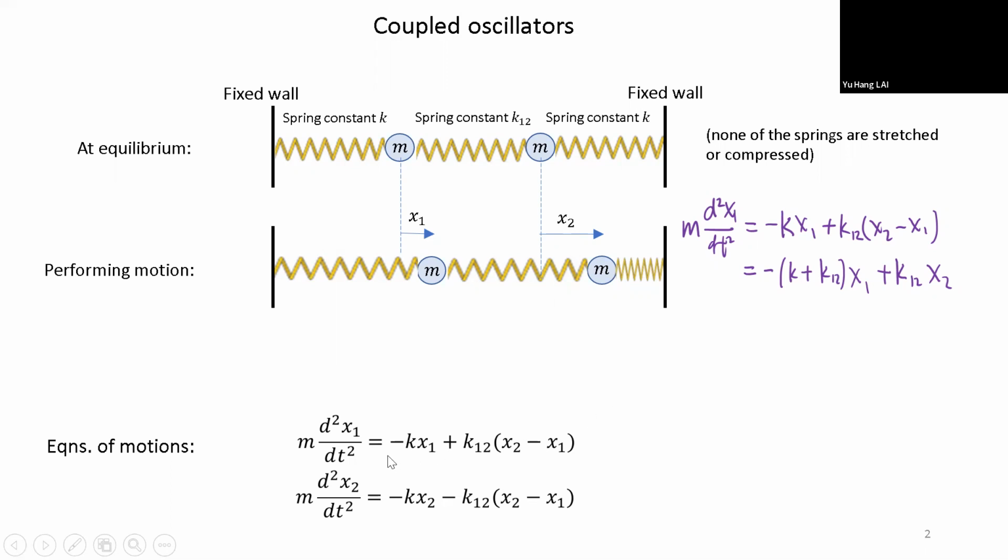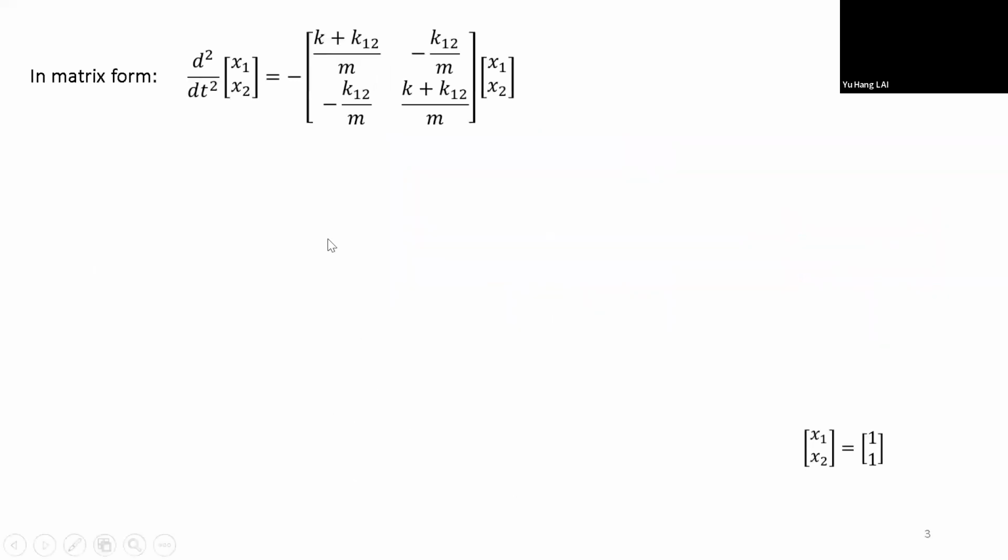Now this is a linear system of second order ODEs, and this is exactly where I am going to make use of diagonalization. This is the matrix form, and I am going to diagonalize this matrix.